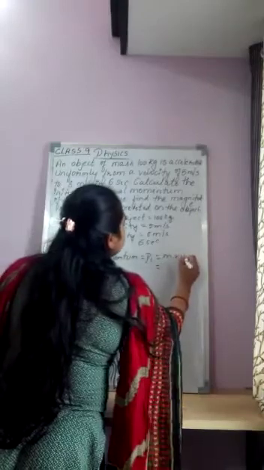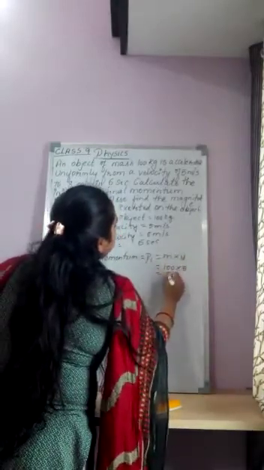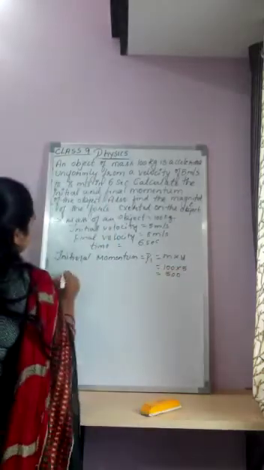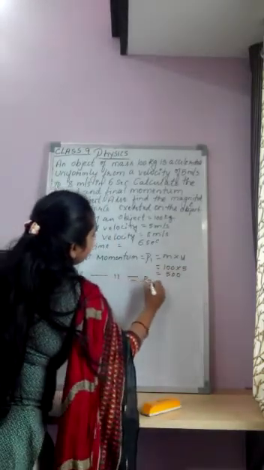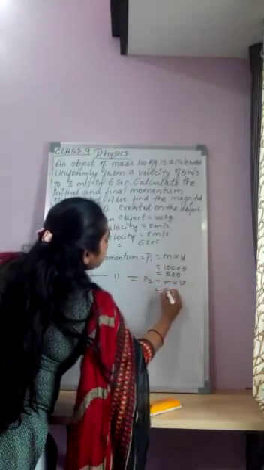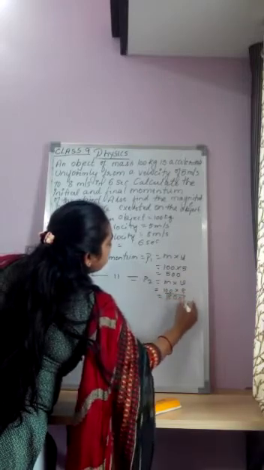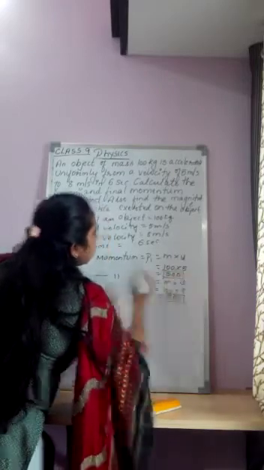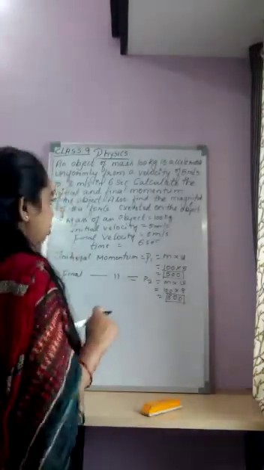So m is 100 into 5, you will get 500. Next it is final momentum, nothing but P2 is equal to m into v. M is 100 into 8, it is 800. So we have got initial momentum also, we have got final momentum also.